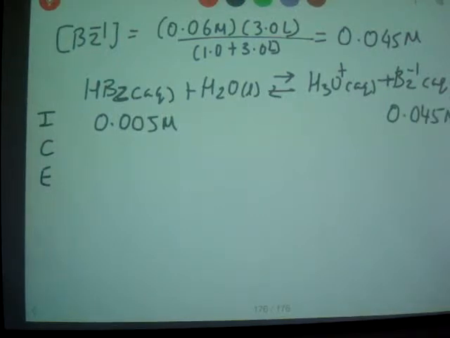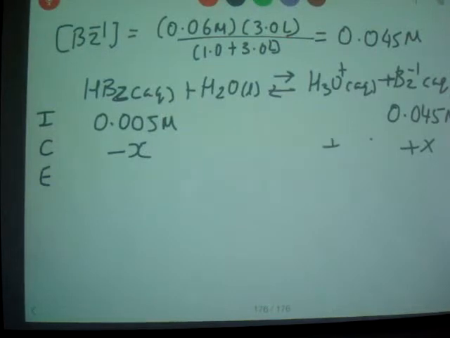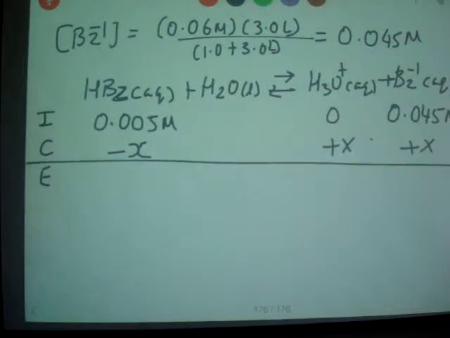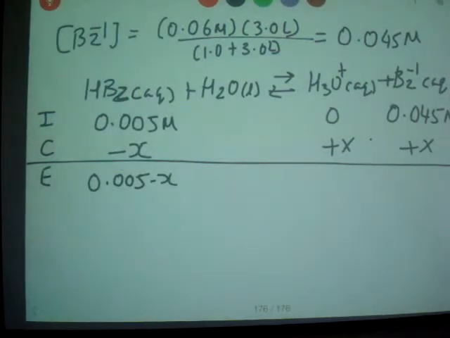The change is negative x, and here positive x. At equilibrium, you get 0.005 minus x, plus x, and 0.045 plus x.